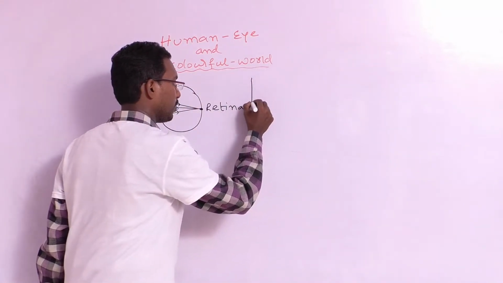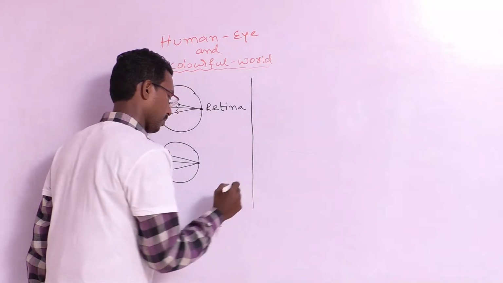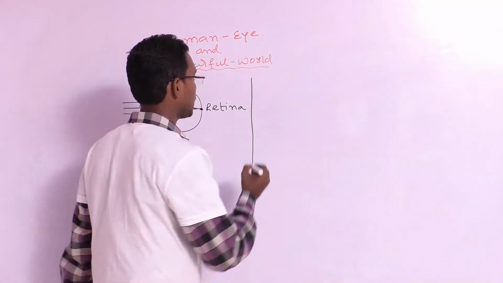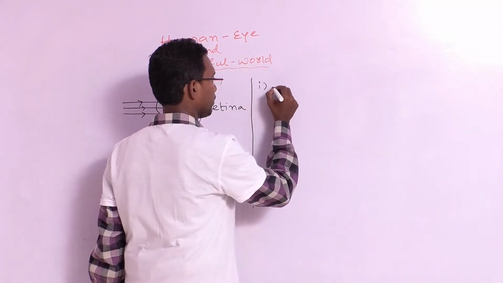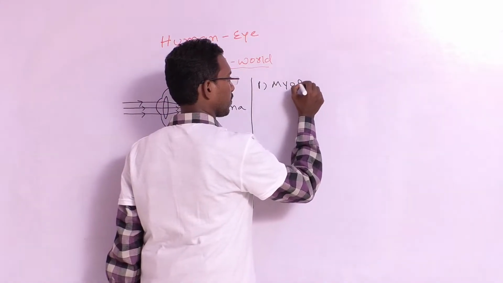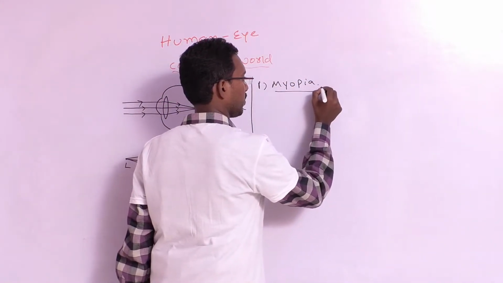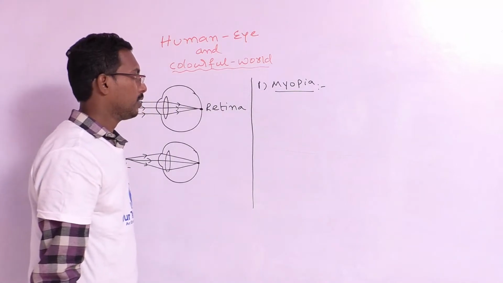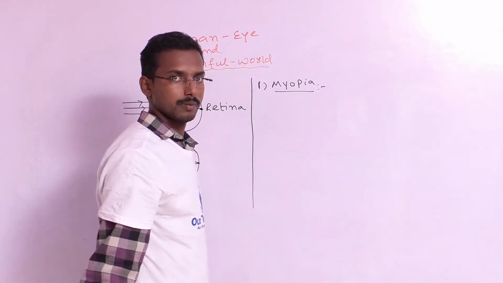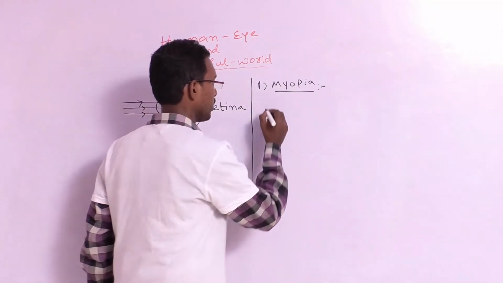Next we will deal with defects in the eye. Eye defects are mainly of three types in this lesson. We will deal with the first one, myopia. Myopia is nothing but the defect in the eye in which a person cannot see a far object.